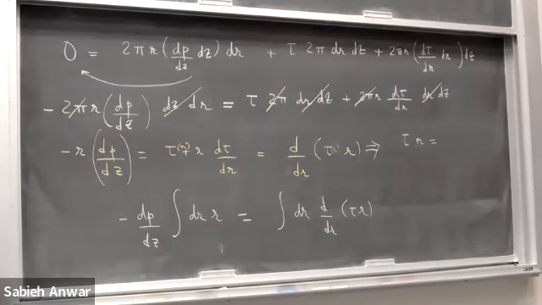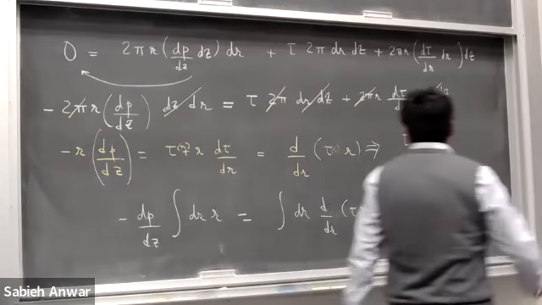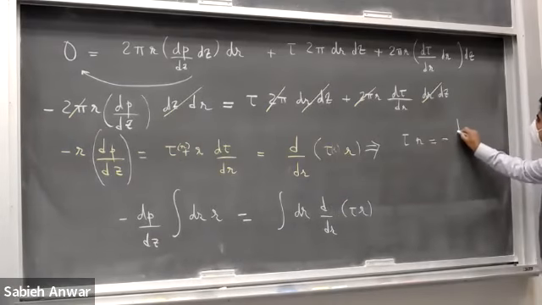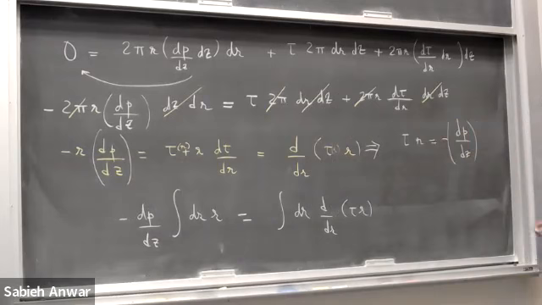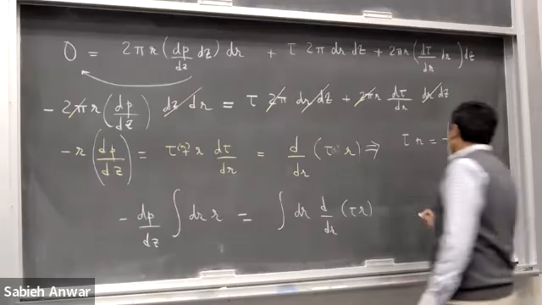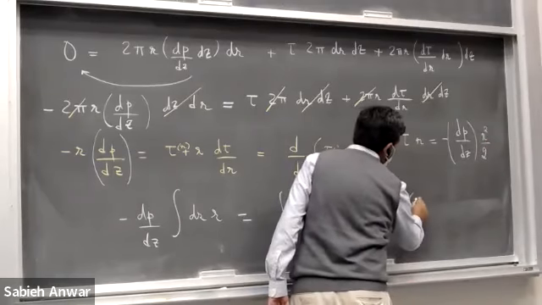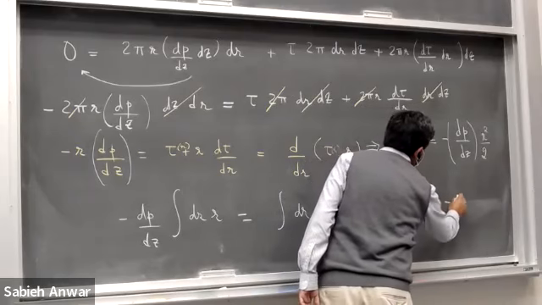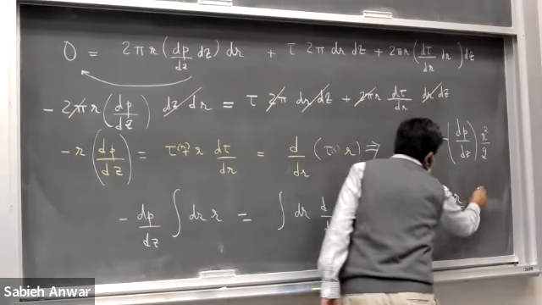Okay, so if I were to do this integration, I've got a minus sign, dp by dz, which is a pressure gradient, a constant. And what is the result of the integration of r? r square, right? So this tau as a function of r is really minus r over 2 dp over dz.